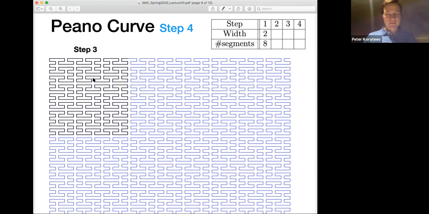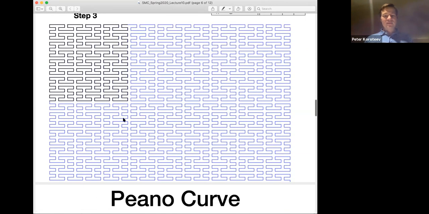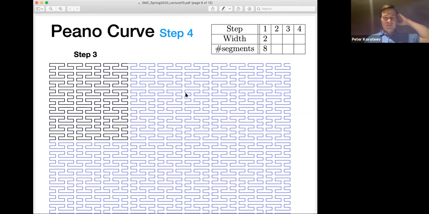You can put it 3 times horizontally and 3 times vertically, but it doesn't fit. So the formula for step 4 will be again 9 times the number on the previous one, 728, and then again plus 8.